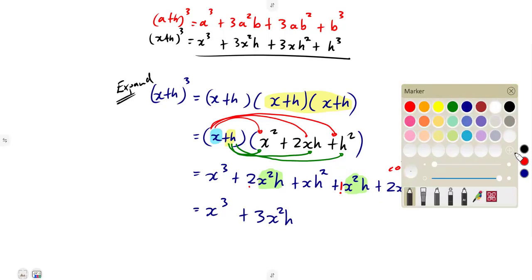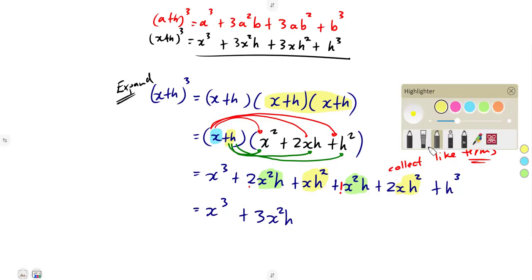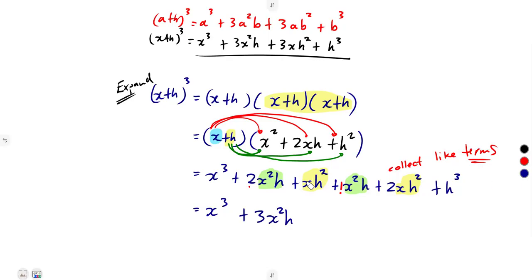Then another part of your like terms, same term, same power: x h squared, x h squared. These are like terms. So you add them. Here the coefficient, since we do not have anything, is a 1.